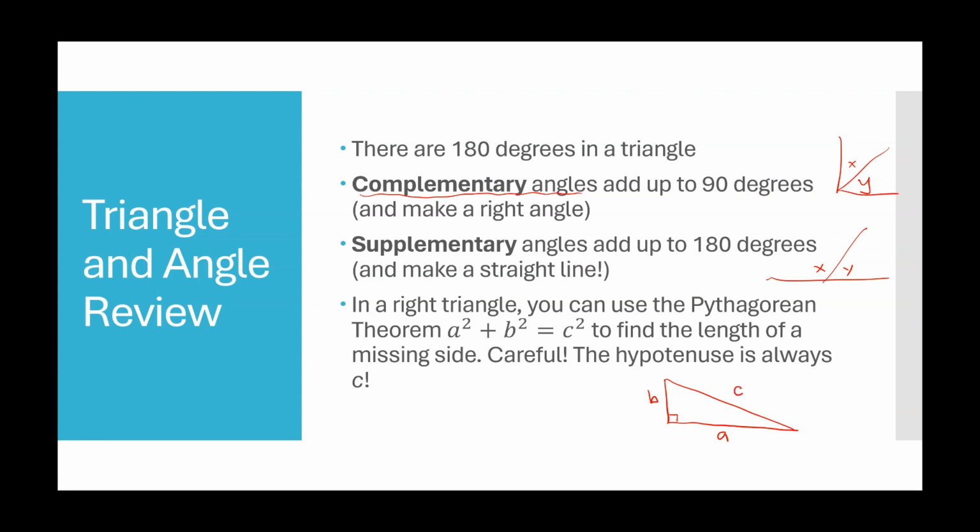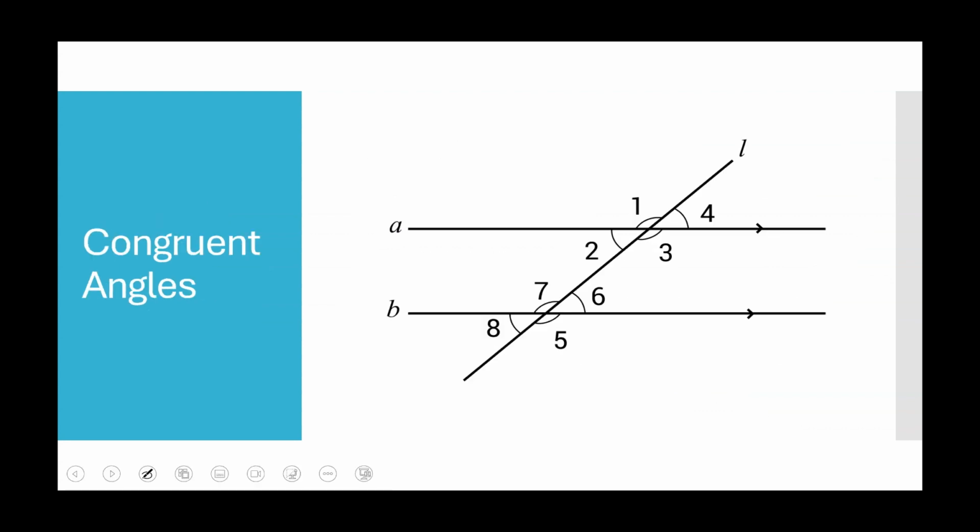So if we square each side and add them up, it's going to be equal to the hypotenuse squared. The hypotenuse, C, is always the longest side. It's always across from the right angle. That's the most common mistake with the Pythagorean theorem, is looking out for which one C is. We're going to do a little bit of stuff with this. We'll come back to more with the Pythagorean theorem in just a minute.